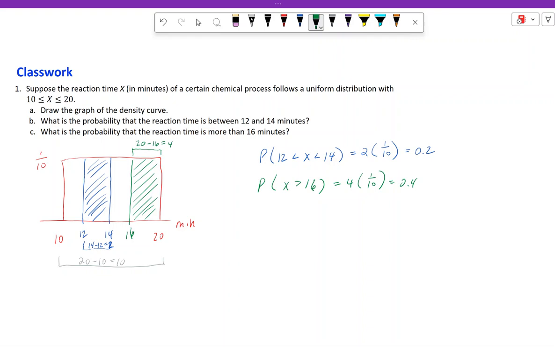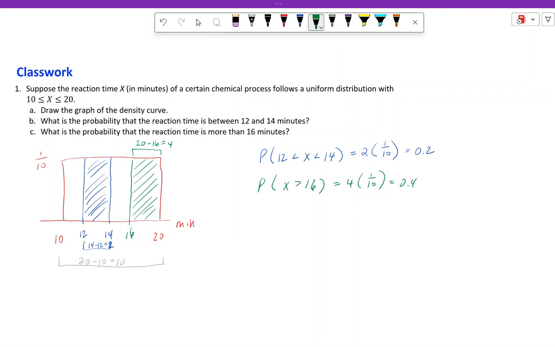My value of 16 is the left edge of the rectangle, and the right edge of this rectangle stops at 20. So the width of this new rectangle, 20 minus 16, is equal to 4. So I'm going to multiply the width, or the base, of 4 times that height, which still has not changed, of 1/10, and I end up with a probability of 0.4.